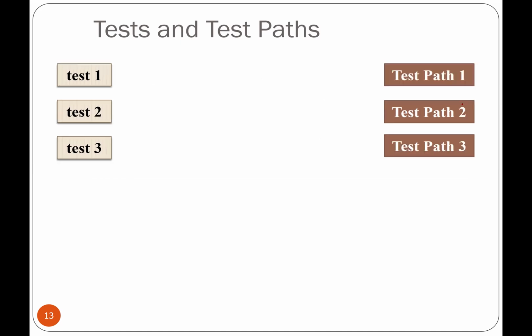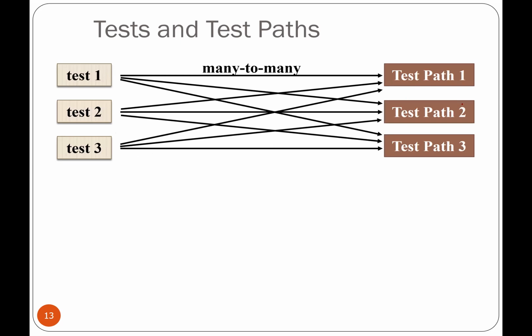In situations where a test might end up executing more than one test path, this is what we call non-deterministic software, where, for some reason, whatever the way you've coded it, there's no particular guarantee which branch of the software it will actually execute. Now, in theory, there's no such thing as non-deterministic software.